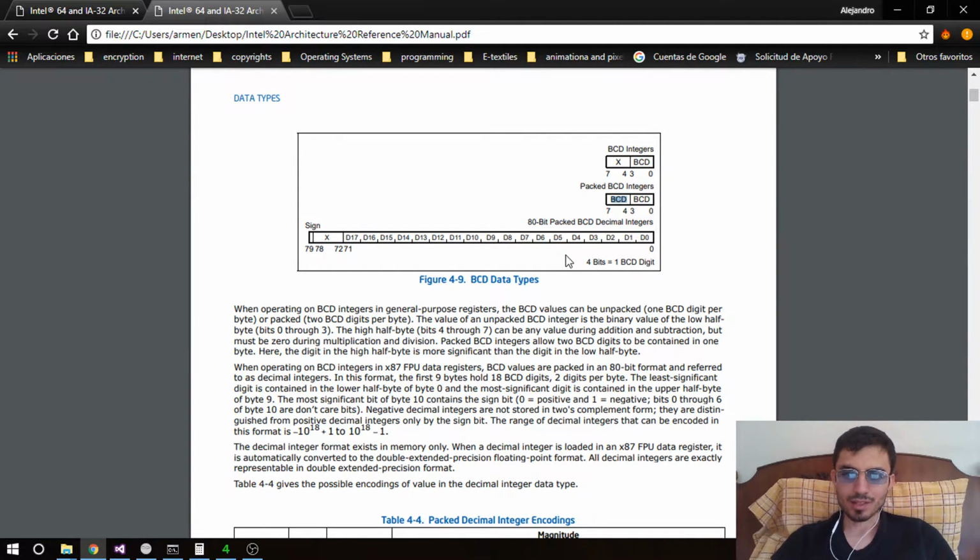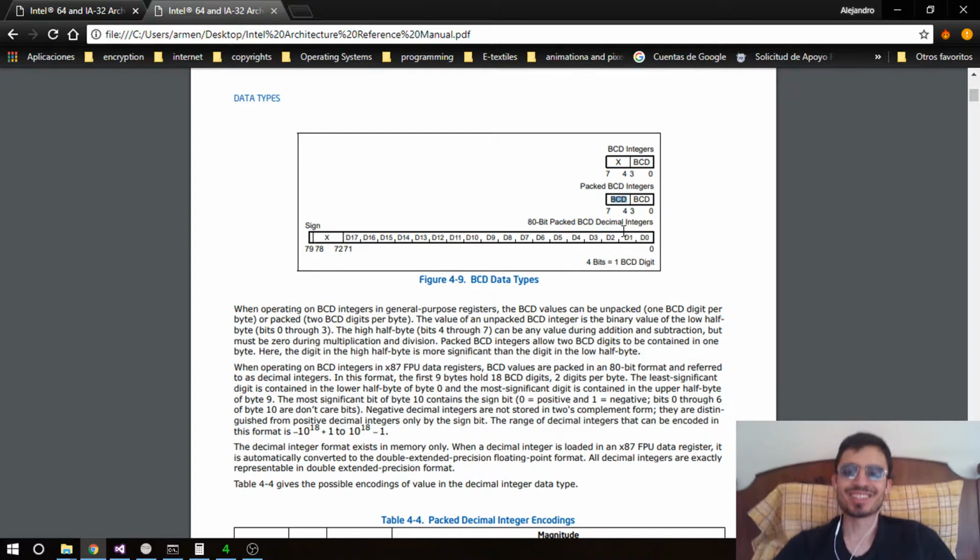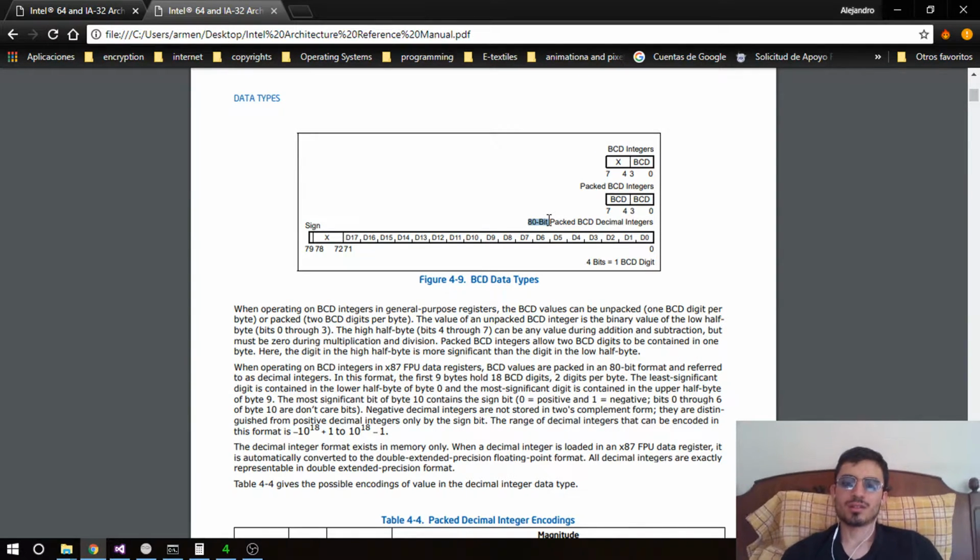And then you can have an 8-bit packed BCD. If this is not sufficient for you, you can pack 80 bits, like this extended precision floating point type that we had before.